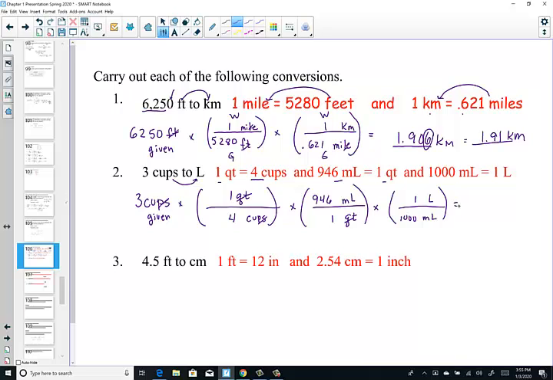Let's hit that on the calculator. Hit it with me, please. Be my calculator buddy. 3 times, parenthesis, 1/4, times 946 over 1, times 1/1000.